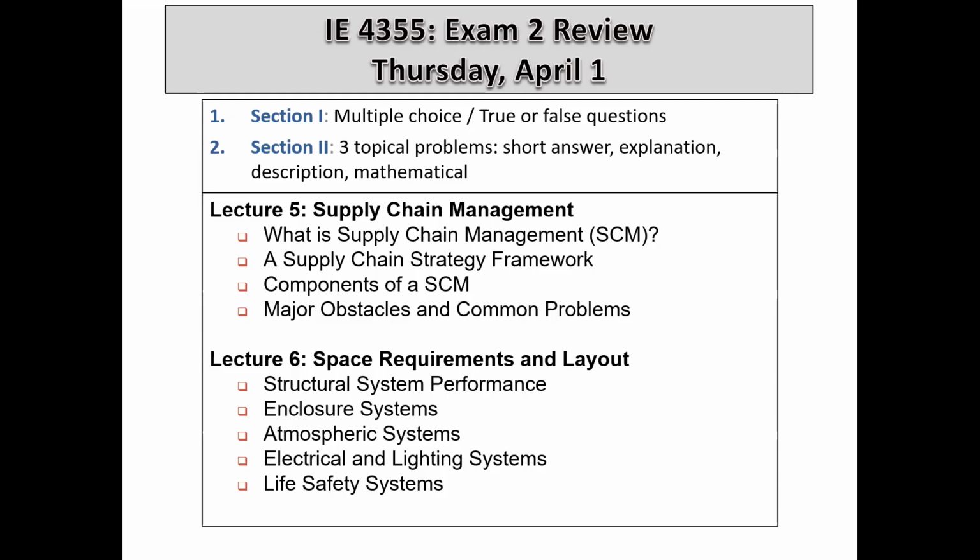In terms of the next lecture, which is space requirements and layout, we studied structural system performance, enclosure system, atmospheric systems, electrical and lighting systems, and life safety systems. For lecture 6, we did multiple problems associated with the atmospheric systems, in terms of designing the capacity for your facility in terms of heating and cooling.